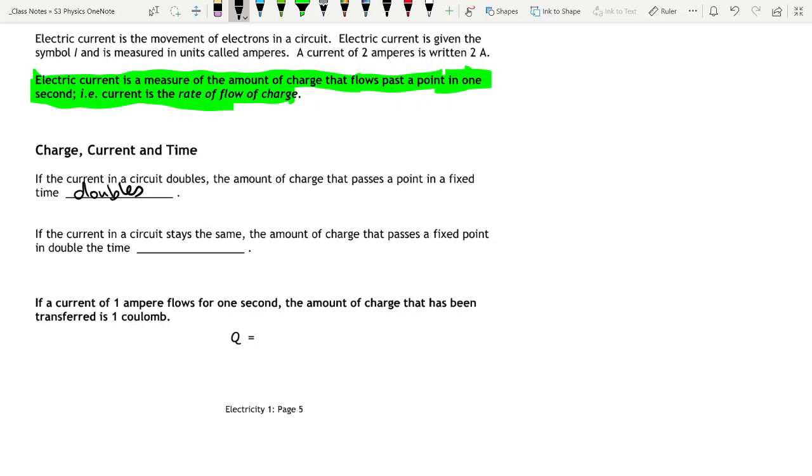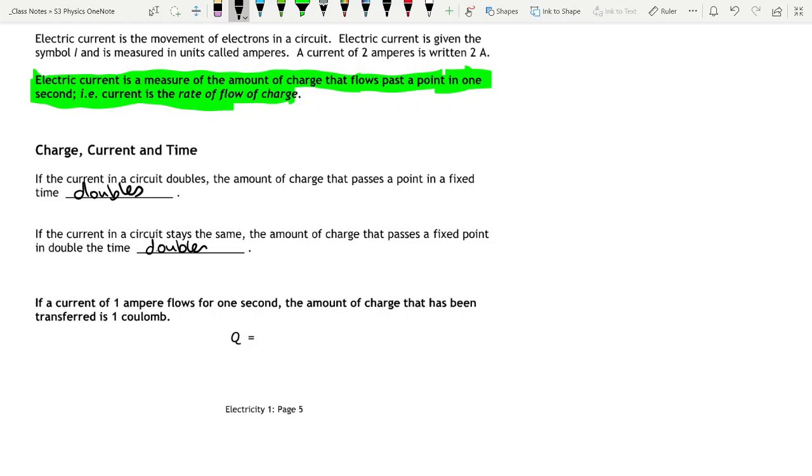If I added in the rest of you, I'd get twice as many people passing this point, if you're all running at the same speed. If you're like me and you're just walking it, then probably not. And if the current in the circuit stays the same, the amount of charge that passes a fixed point in double the time doubles.